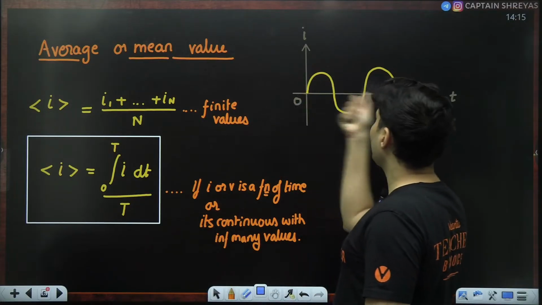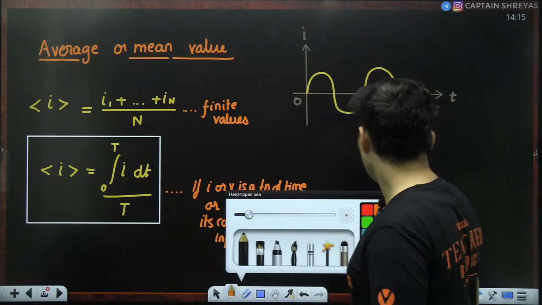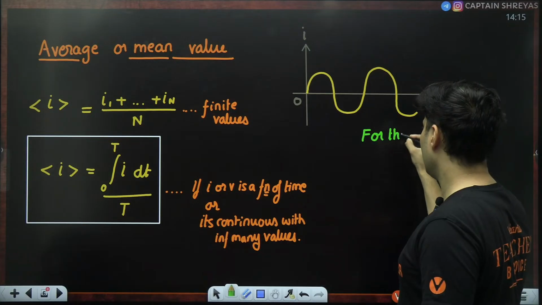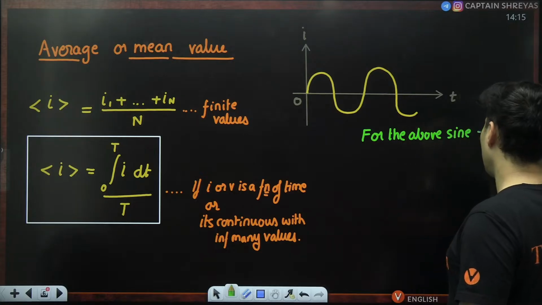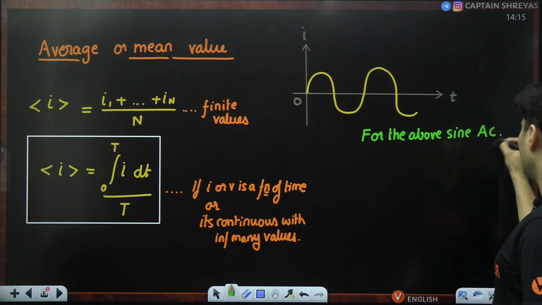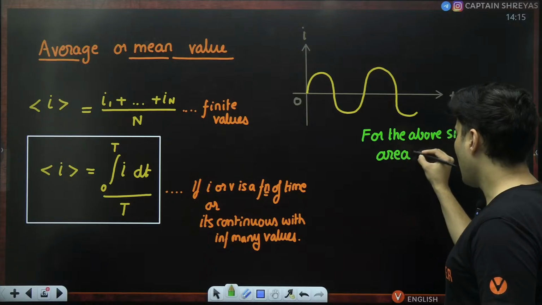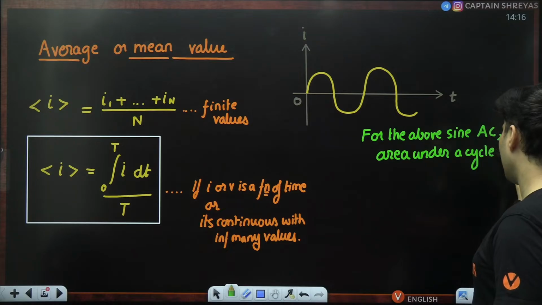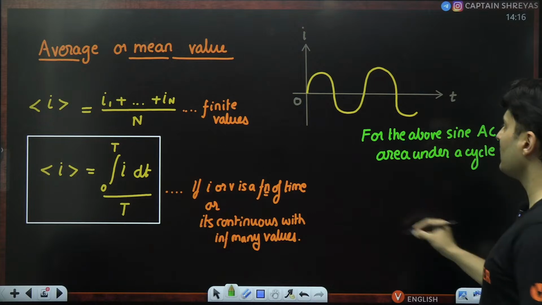Now, if you see this kind of a graph over here, then you will quickly realize for the above sine AC current, the sine alternating current, can you notice that the area under a cycle will always be 0.